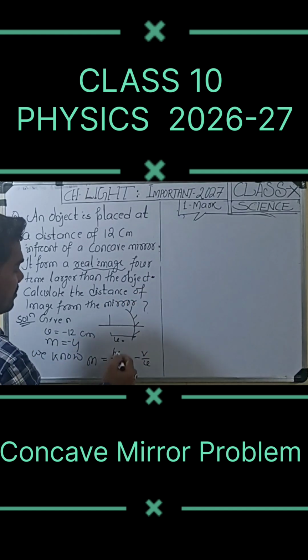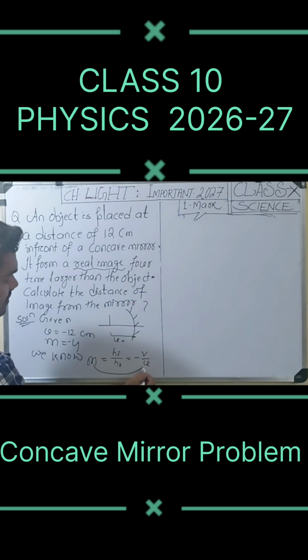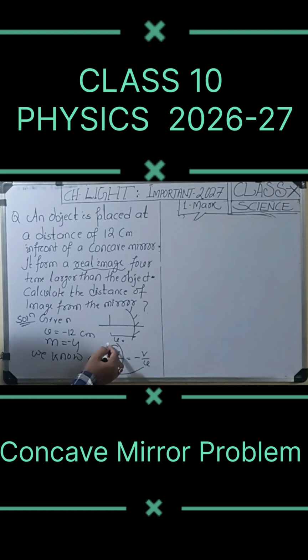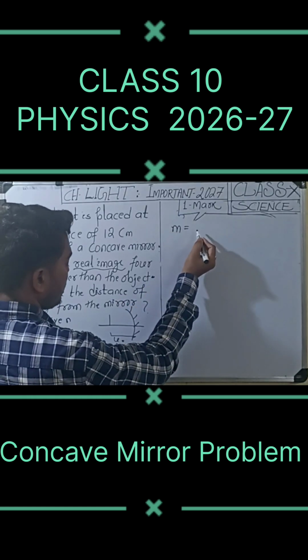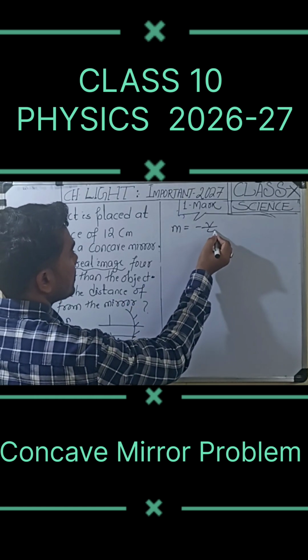Because we don't have the height of image or height of object, you have to put this formula, m = minus v/u.